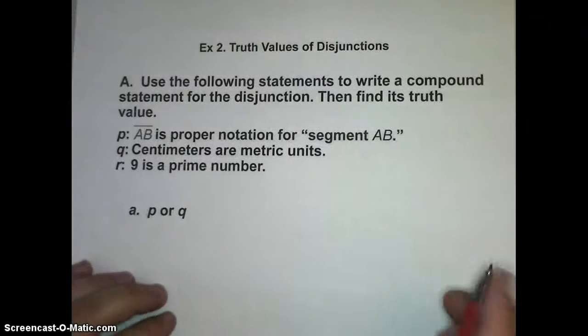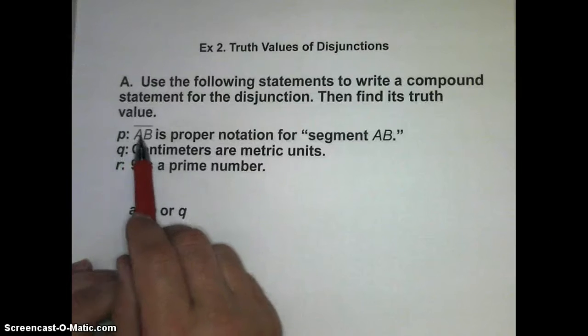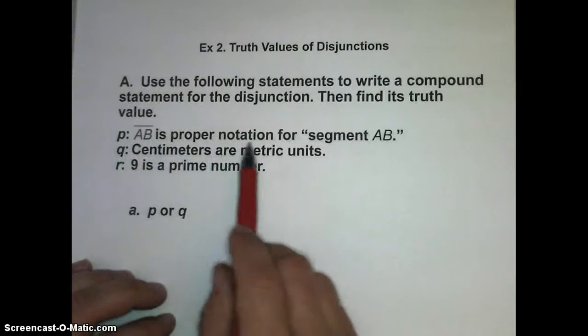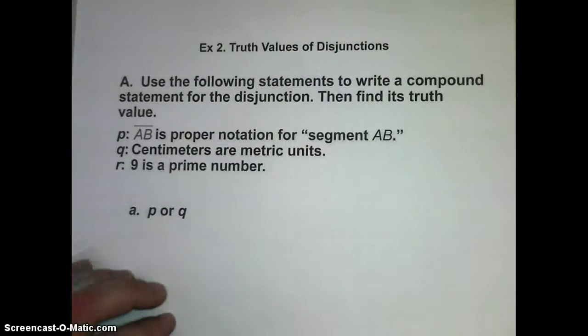So let's try and form some disjunctions. We are given these 3 statements. Segment AB is proper notation for segment AB. Centimeters are metric units, and 9 is a prime number.